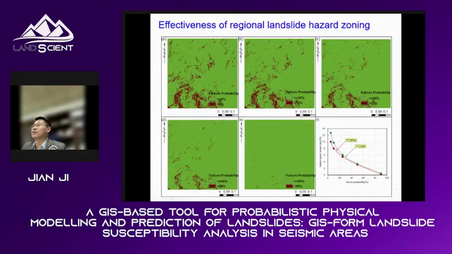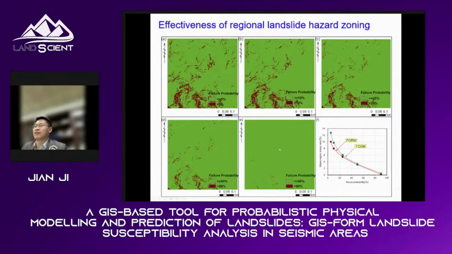We also show the effectiveness of our landslide hazard mapping by the proposed GIS-FORM. Those are worked examples. The zoning, the levels differentiated by failure probability, are shown here. With thresholds of failure probability, 5% or 10%, we correspond to very low, low, medium, and high levels.